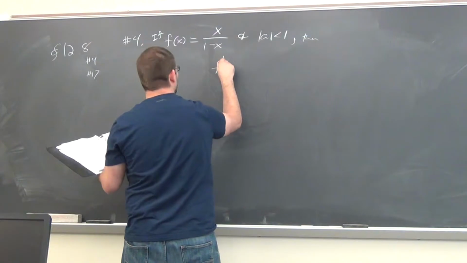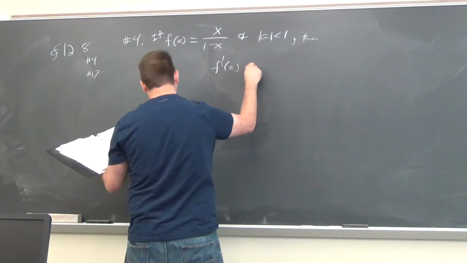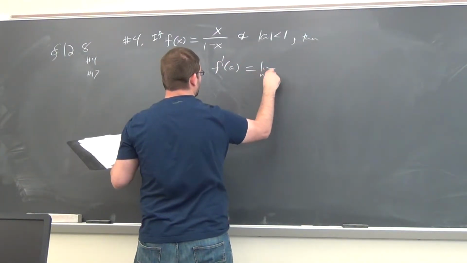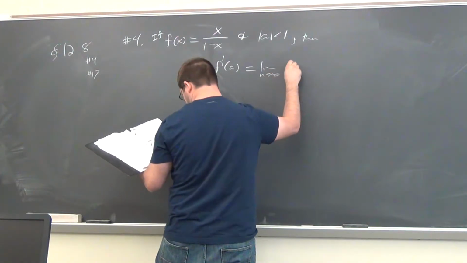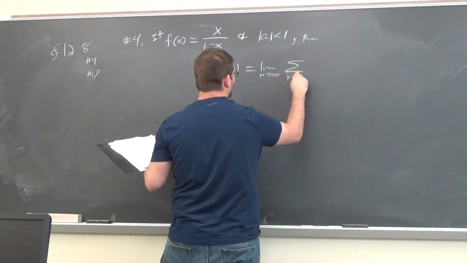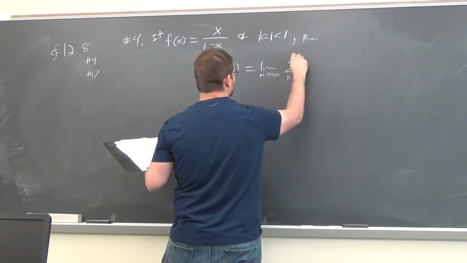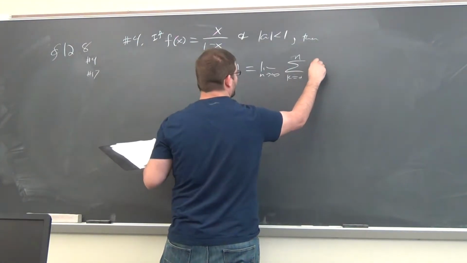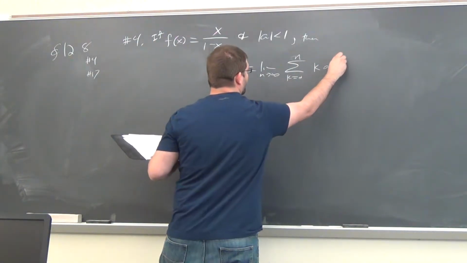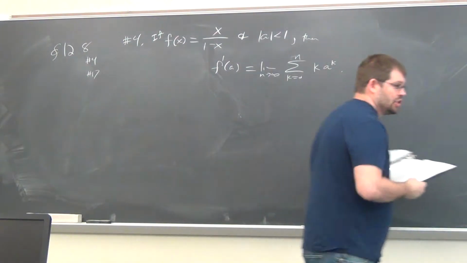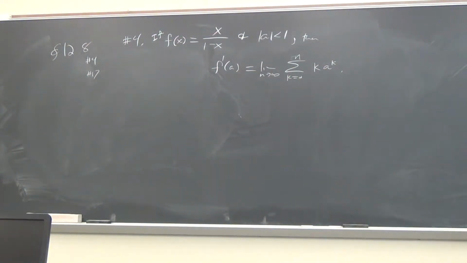then f prime of a is the limit as n goes to infinity of the sum from k equals 0 to n of k a sub k, right? The question is, it's just a true-false question, so is that true?